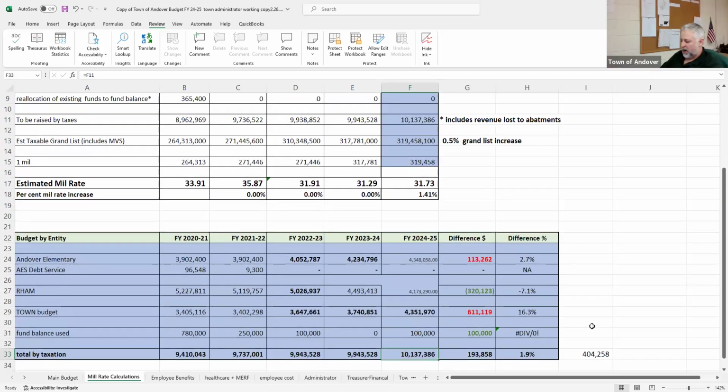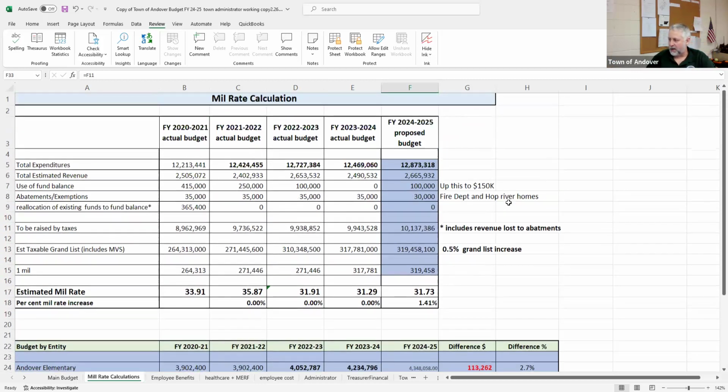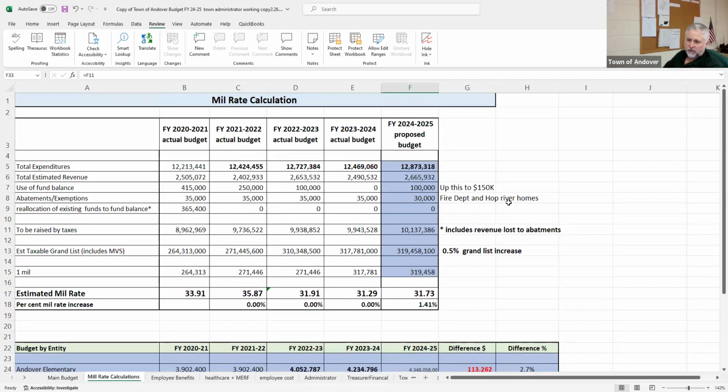Right, but then we're generating $140,000 more in interest than we were last year, and we're planning on using at least $100,000 of fund balance. So those two things combined make a difference of about $250,000.